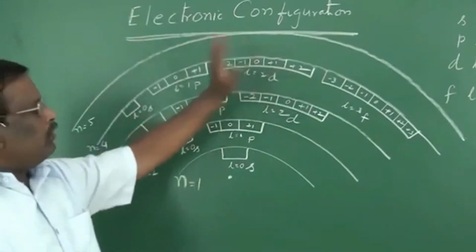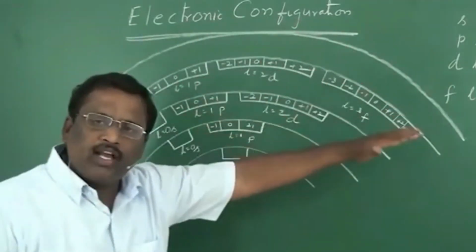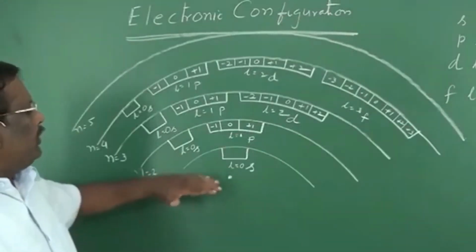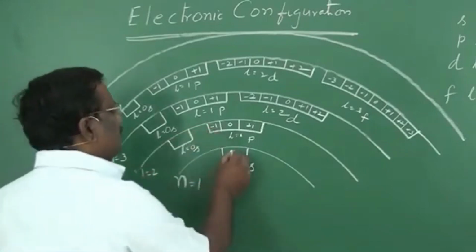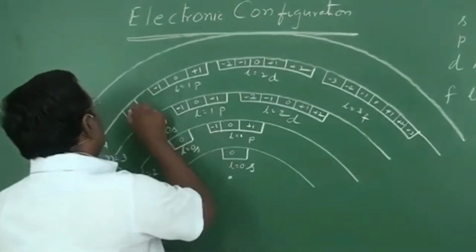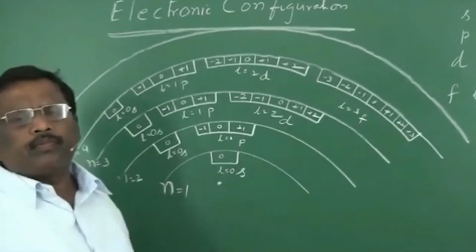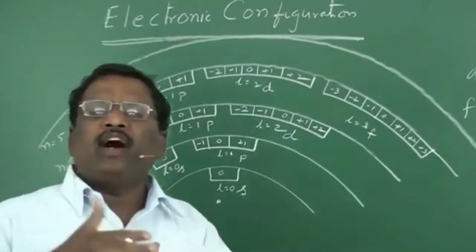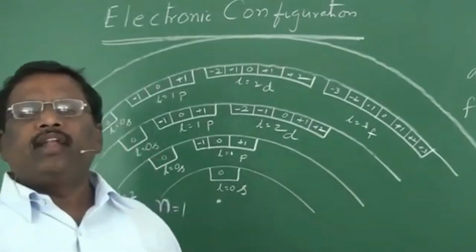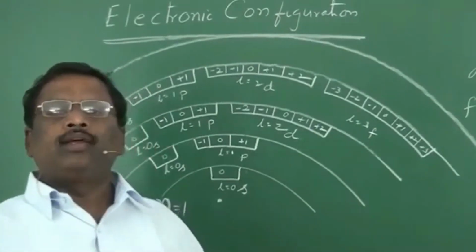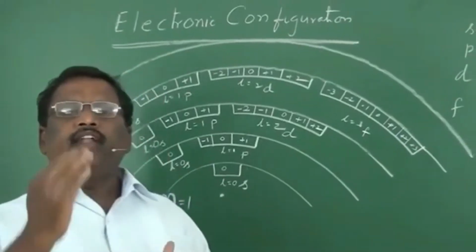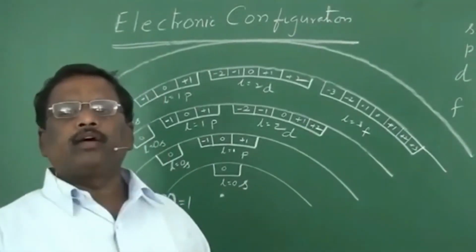In the 5th energy level, similarly, we have 5 sub-energy levels. Now, when electrons are entering these orbitals, they will follow certain rules while filling up these orbitals. The filling of electrons in different atomic orbitals, or the arrangement of electrons in different atomic orbitals, is called electronic configuration.